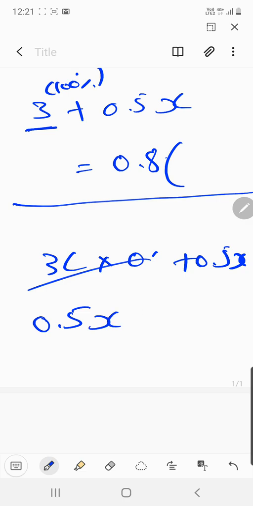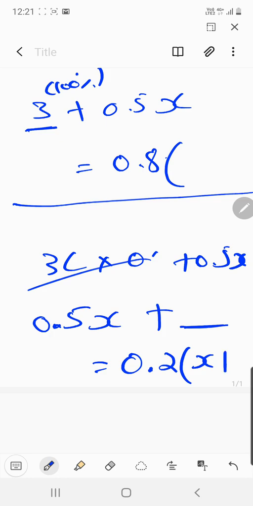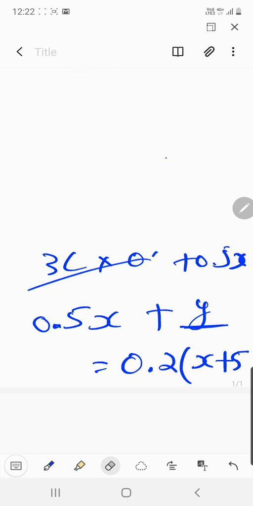So we have 0.5, as in 50%, 0.5 of x, 50% solution, and we are adding something to dilute this to make it a 20% solution of x plus... wondering how that will work, how dilution works. So let's figure this out together.